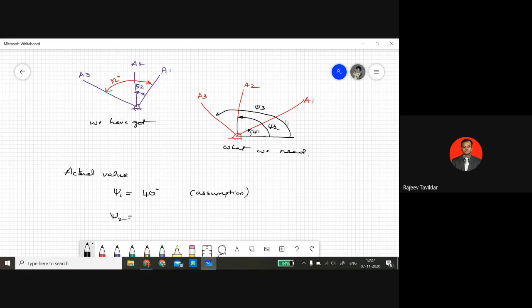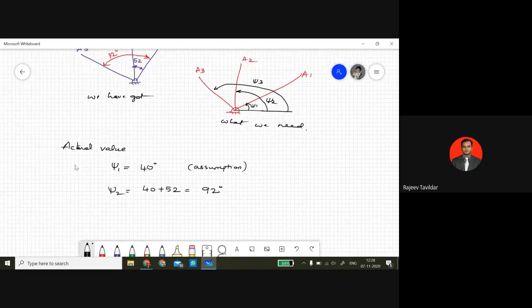Similarly, psi2 will be 40 plus 52, right? That is 92 degrees. And the value of psi3 will be once again 40 plus 112 degrees. That will be 152 degrees.